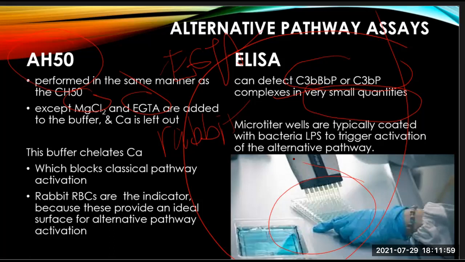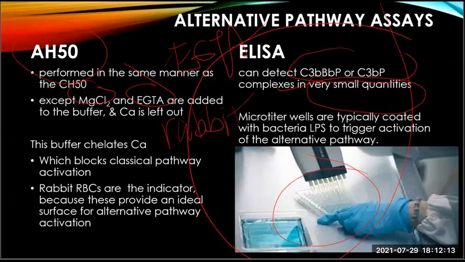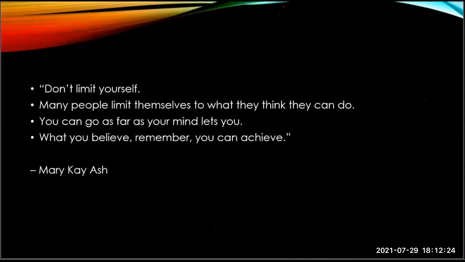Microtiter wells are typically coated with bacterial LPS or polysaccharide to trigger the activation of the alternative pathway. So we have alternative for AH50 and ELISA. Pwede bang mag-ELISA sa CH50? They haven't discovered it yet.